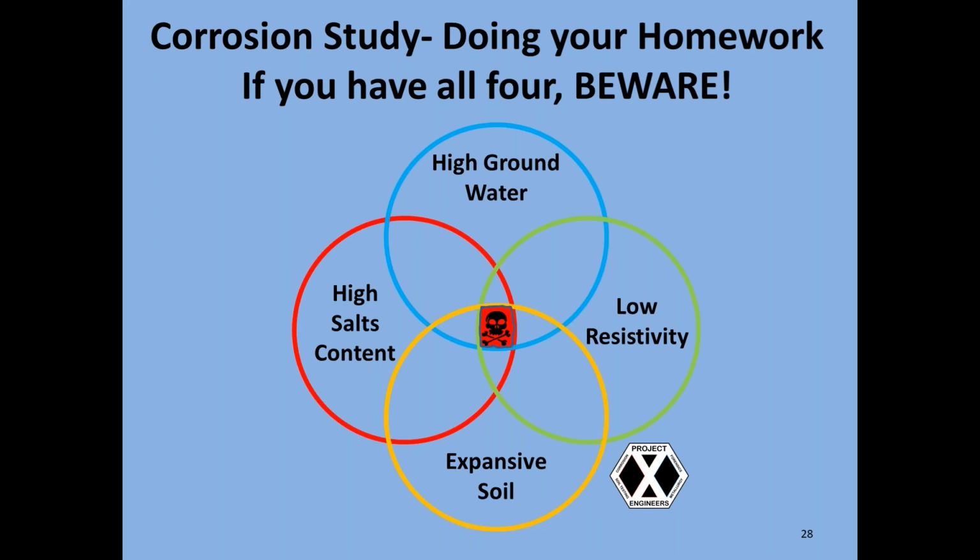And if it's hitting your pipes or your infrastructure underground, they will corrode faster than normal because of that splash zone. The low soil resistivity, we've already talked about, just accelerating general corrosion. Expansive soils reintroduce oxygen deep into the soil. So when there's more oxygen, there is a higher corrosion rate.